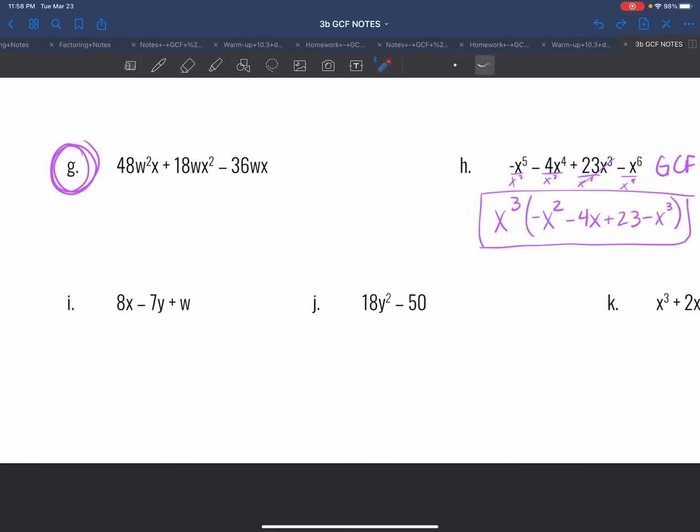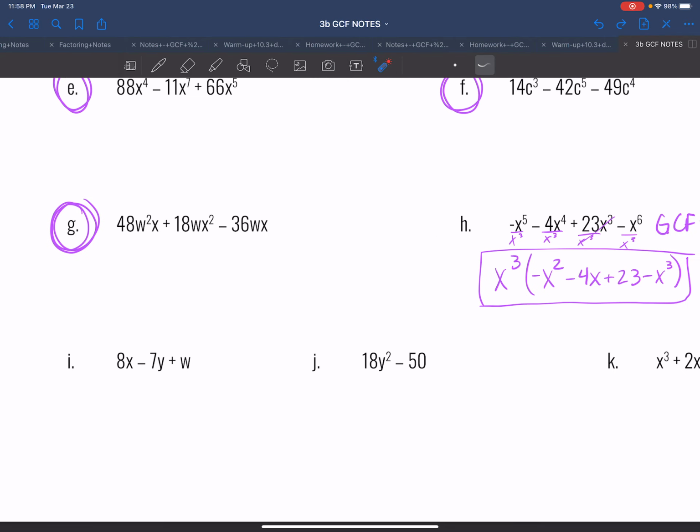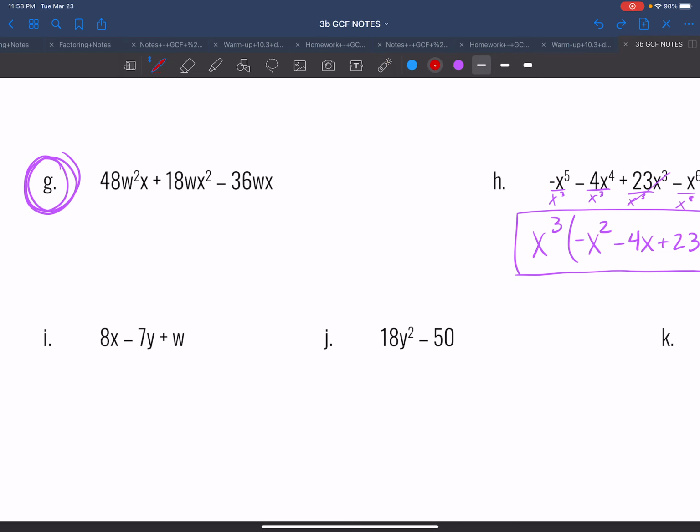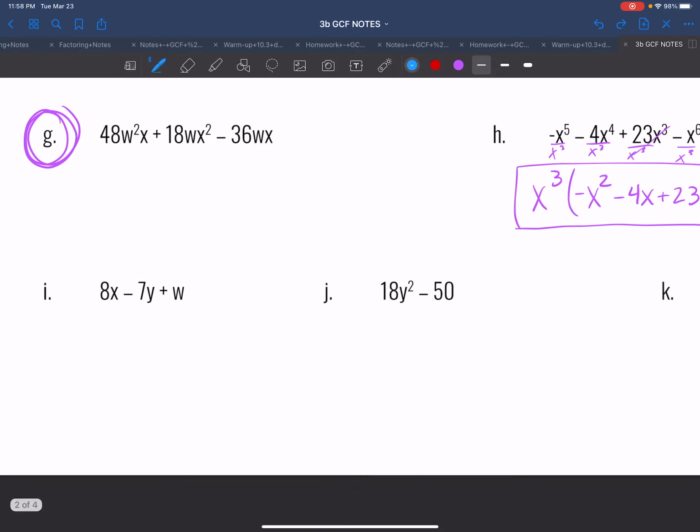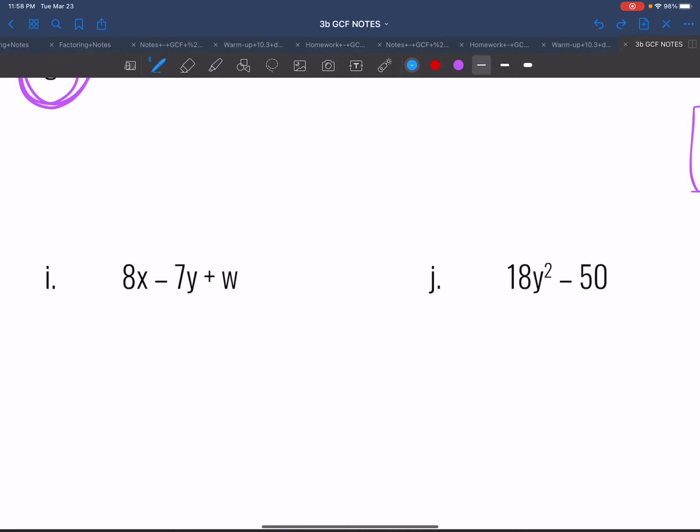And then these last 3 are kind of some special case scenarios here. So looking at I, 8x minus 7y plus w. You might already be thinking, huh, that seems weird. That's because this one does not have anything we can factor out. I can't take out anything from coefficients, and all these letters are different.